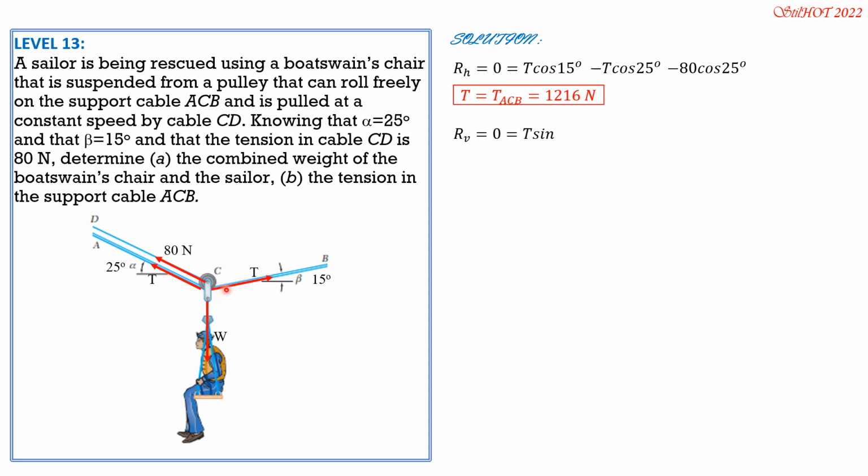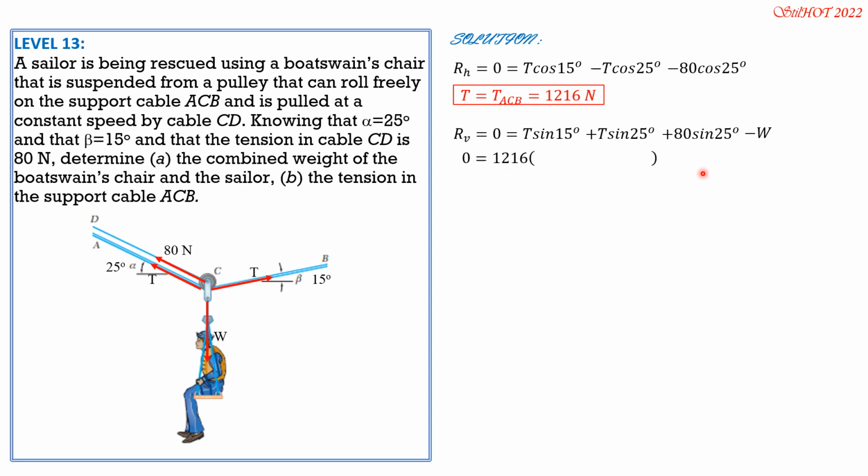Then R vertical equals 0. It is equal to T sine 15 degrees plus T sine 25 degrees plus 80 sine 25 degrees. Those are the components, positive. Then minus W. So substitute the value of T, which is 1216.